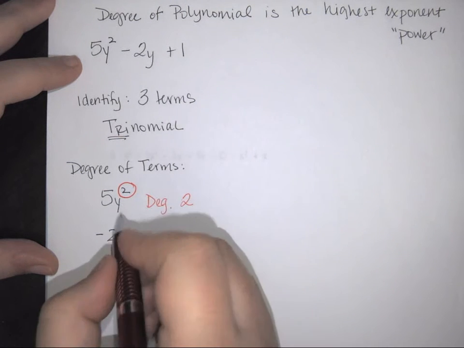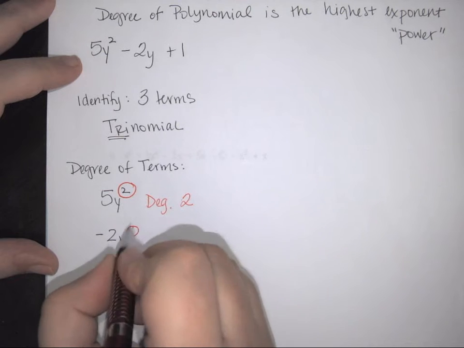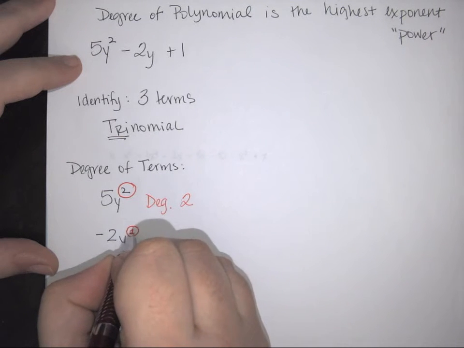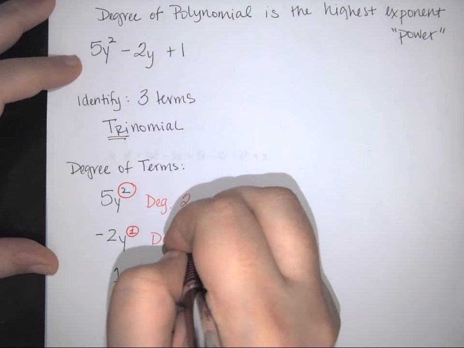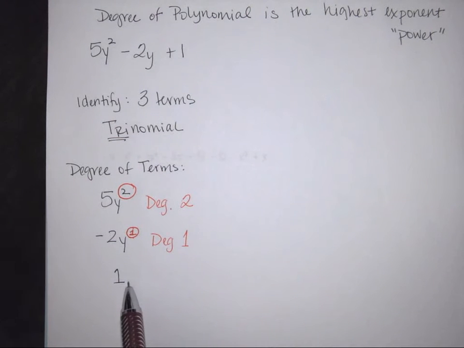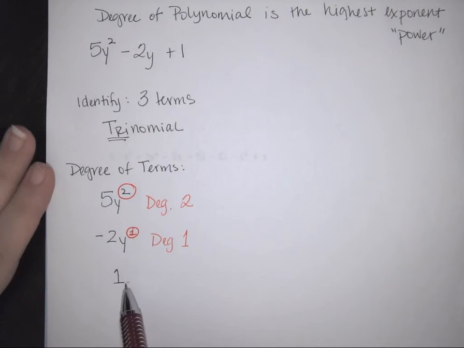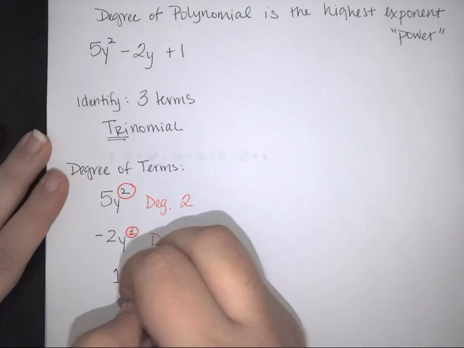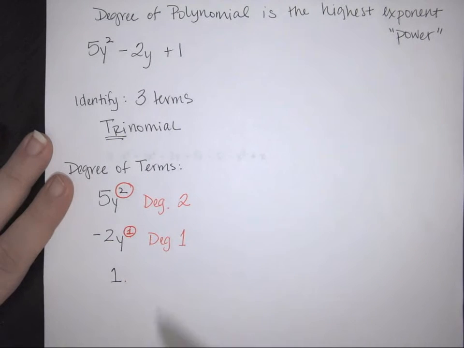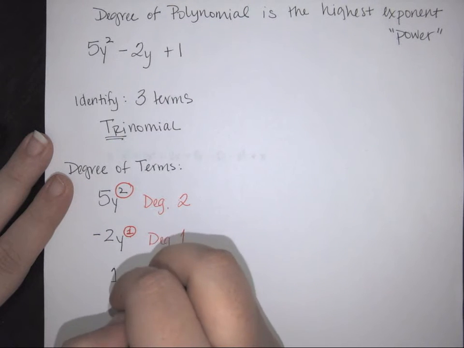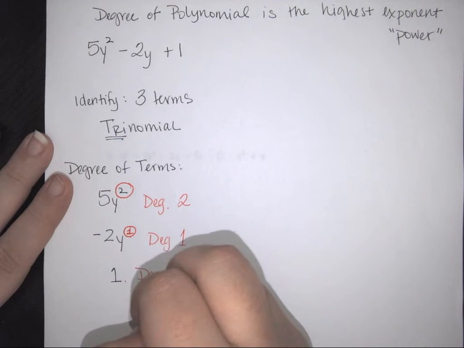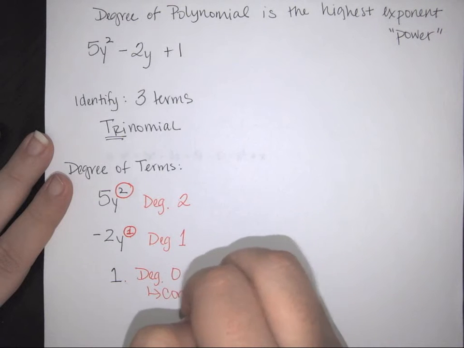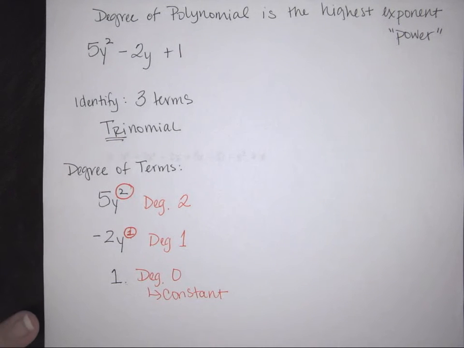Notice in the second term my power is not written, which means it's a power of 1. So my second term has a degree of 1. And then obviously this is my constant. When we're talking about constants, we're not necessarily talking about degrees. However, if we were to have something here, we would say that this would be a degree of 0, because this is a constant term, which means there's no variable.